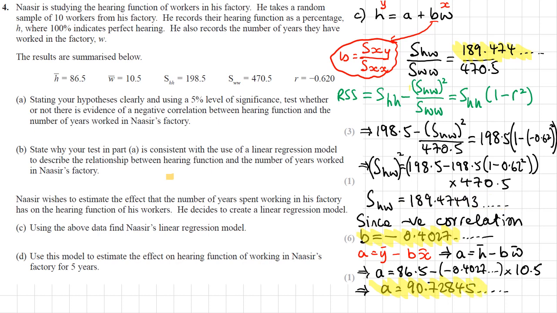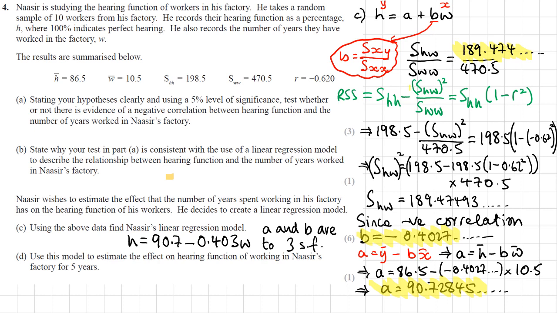So I can write down that my linear regression model, and I'll write it here, H is equal to A, so that's going to be 90.7, 3 significant figures, minus B, so that's going to be 0.403 to 3 significant figures, W. And I'll just put down A and B are to 3 significant figures.